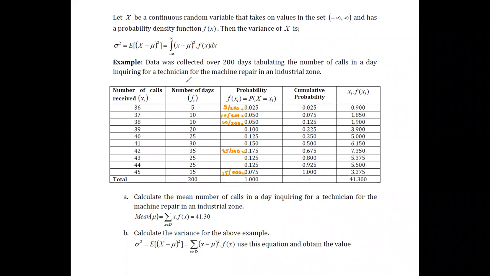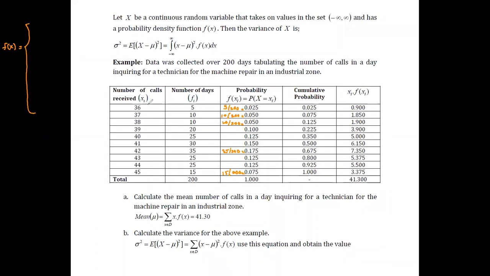If you construct only the first 3 columns, this can be considered as your probability mass function. Writing it in equation form, you write the probability of x with the probability values.